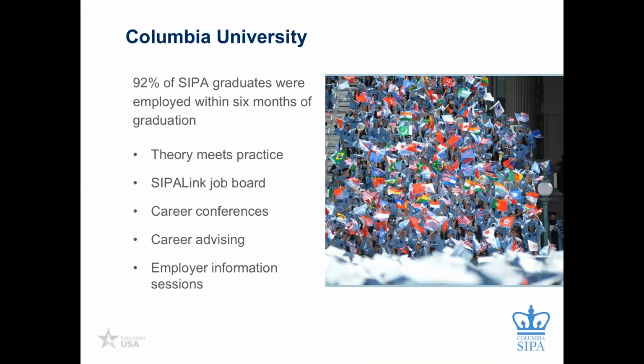As I mentioned earlier, Office of Career Services is really a comprehensive service for our students, and they host networking opportunities all around the year. And I mentioned earlier that they have lifelong access to the SIPA Link job board.